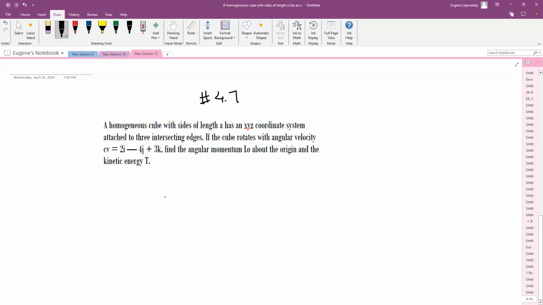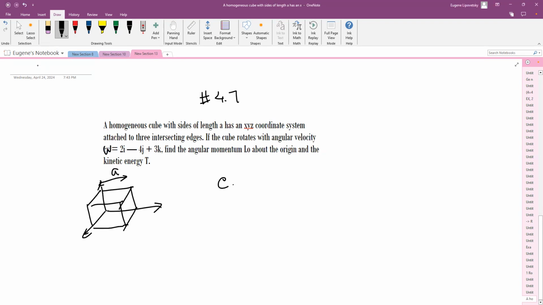If the cube rotates with angular velocity omega equal to this, find the angular momentum about the origin and the kinetic energy. That is the cube, with three intersecting edges. So those are the axes of the cube, length A.